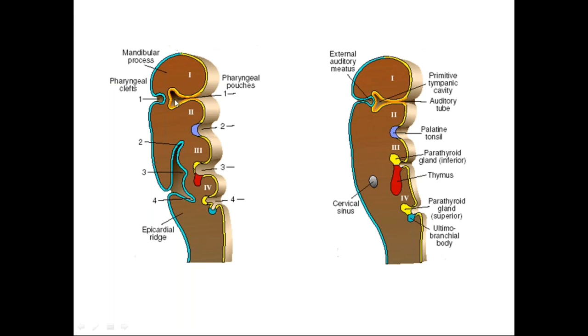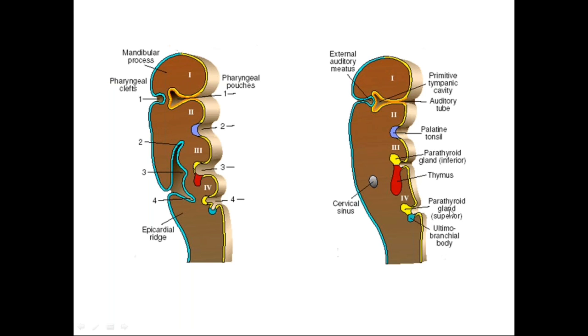Coming to the pharyngeal pouches, these are the pouches. So first pouch will form a part of the auditory tube and tympanic cavity, that is your primitive tympanic cavity. From the second pouch, it gives origin to the palatine tonsil. Third pouch gives rise to the inferior parathyroid gland, and along with that, it gives origin to the thymus.